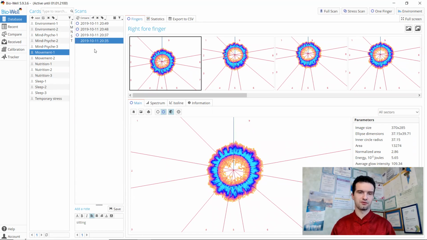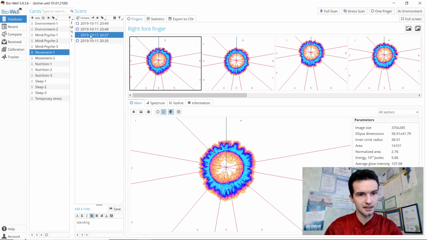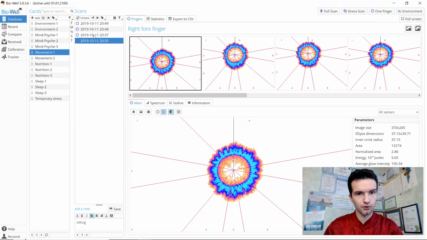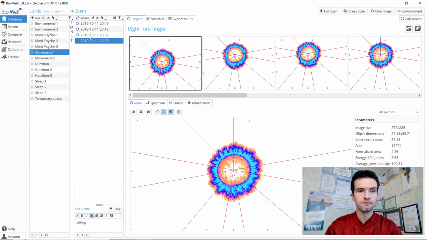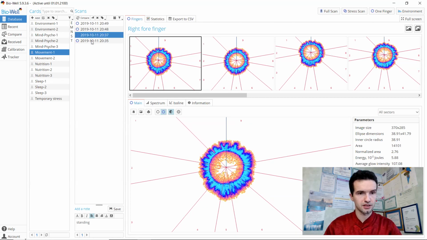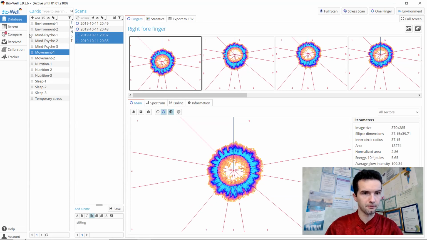We don't move enough usually. And here are the scans that were made. For example, in this case, the right forefinger was scanned several times in a row in one finger mode when a person was sitting and when person was standing. Let's compare them.